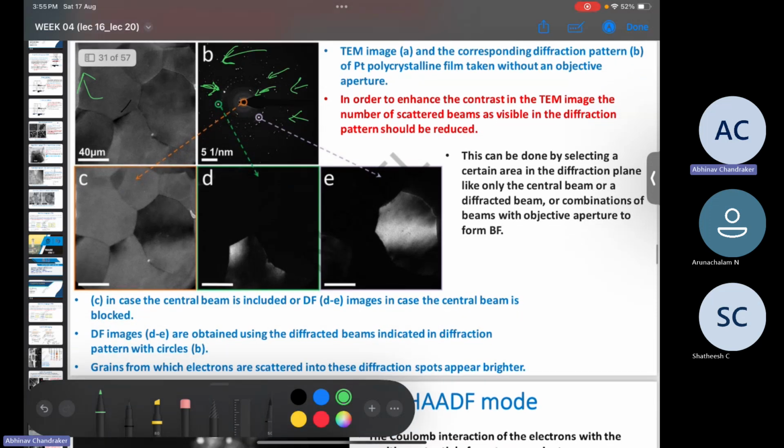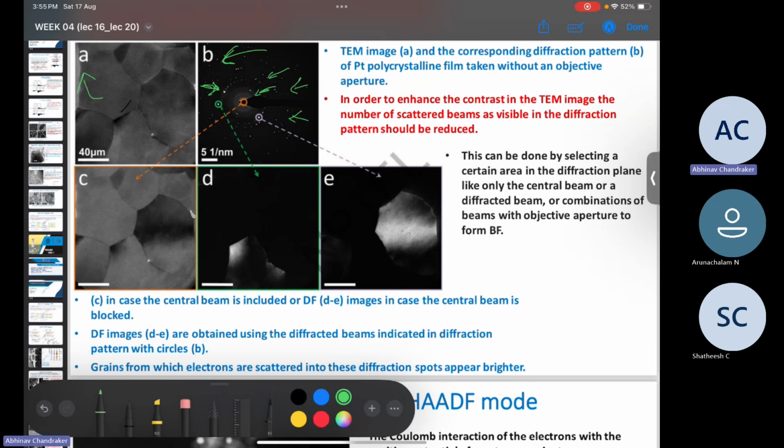But if you want to be able to clearly understand the different regions on the specimen, it's better to get information only from certain diffracted beams instead of using all the diffracted as well as the transmitted beam.